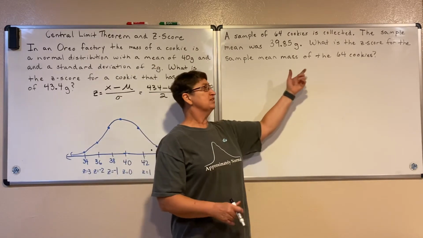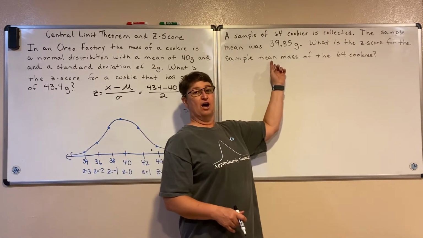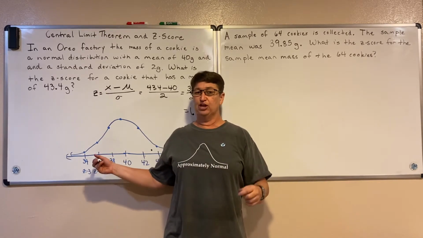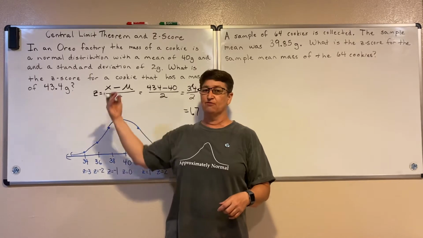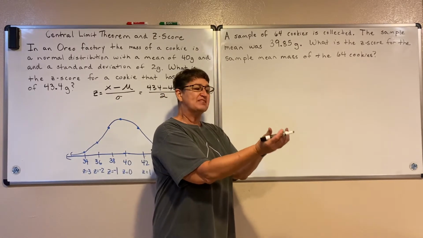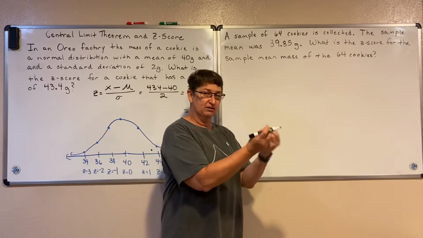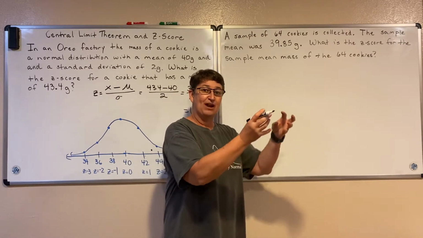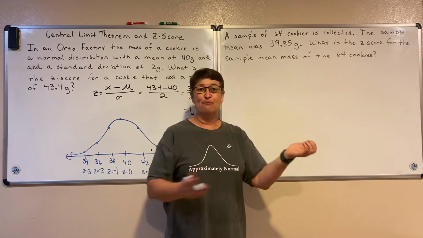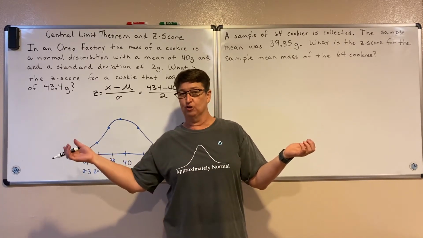Now notice this is a different value than this data value over here. Here I am just looking at the mass of each cookie. Here I have collected a sample of 64 cookies, looked at those masses, and then found a mean of those masses. That mean is different from just a mass of a cookie.